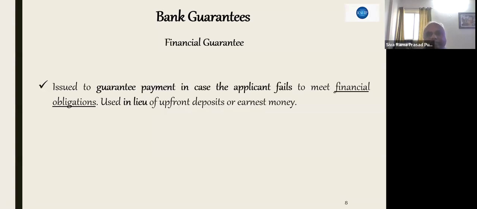Financial guarantee, performance guarantee, customs authority, deferred payment guarantees. Different types are there. When the IRP or RP is handling, particularly the infrastructure projects, the role of the IRP or RP is more in handling the guarantees issued by the banks.